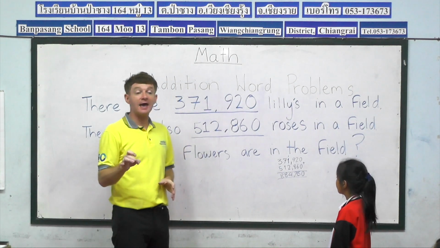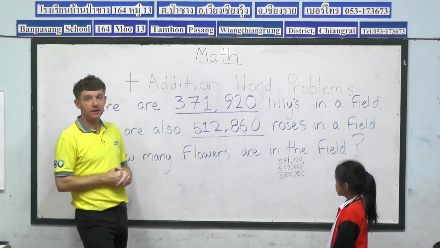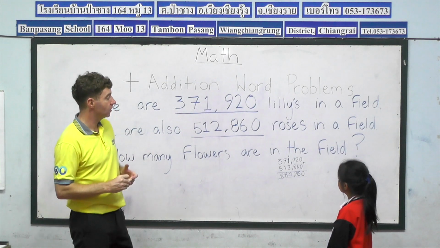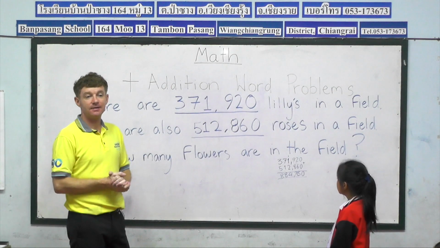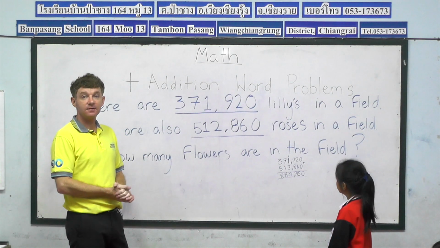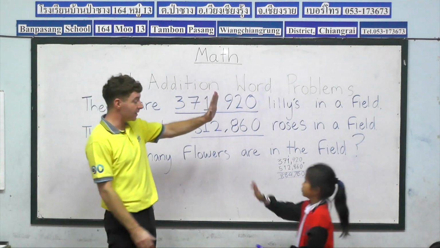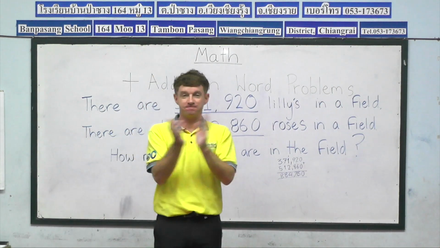So we can say there are 884,780 flowers in the field. Prau? That was excellent. Very well worked out. And a high five. Big round of applause for Prau, please, guys.